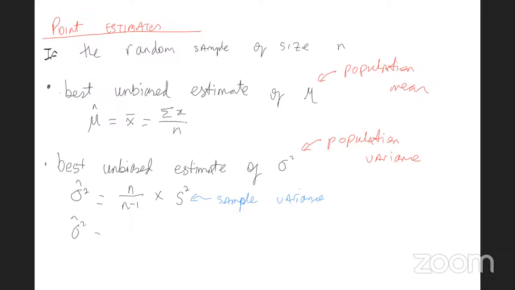I have a few versions. A next version that I might be able to use is 1 over n minus 1 by the summation of x squared minus the sum of x all squared all over n. That's one of the versions that I could use there.